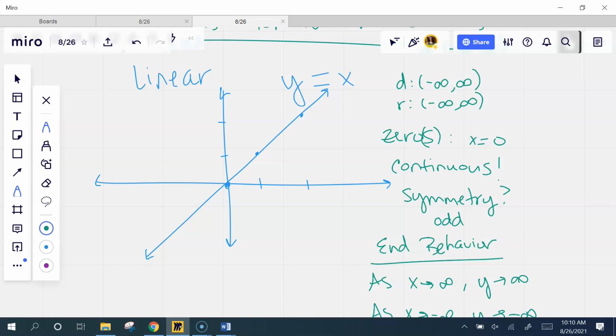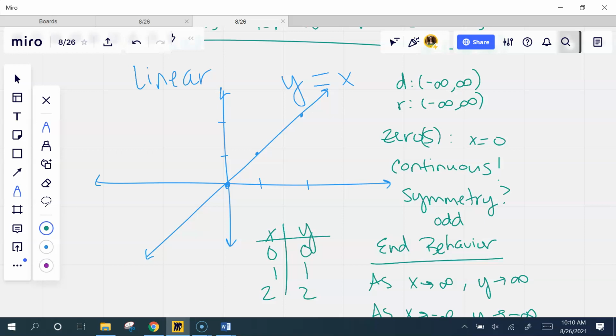Just the equation. You'll have a T-chart on there where you'll show me the important points that you use to graph. For this one, I used 0, 0, I used 1, 1, and I used 2, 2, and that's all I used to graph it.